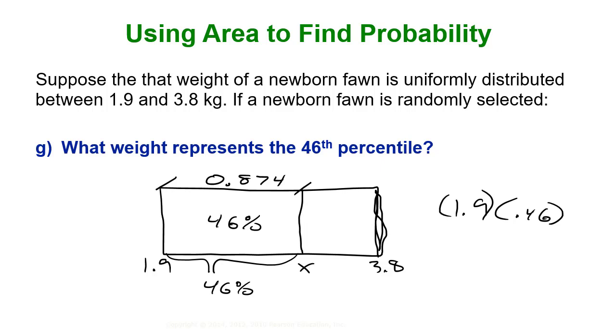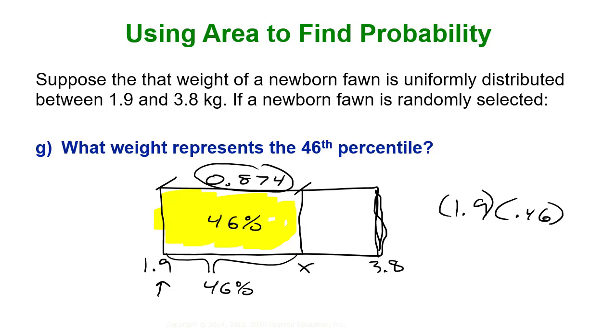Now that's not a probability, that's a distance, and the reason why it's a decimal distance is because we're just dealing with really small numbers. So the answer, this x, is just the value that is this far above the starting point. So we just take that and we add it to 1.9. Because remember, the 0.874 wasn't x, it was the distance. It was the length of the base of the rectangle that we needed to give us this area that represented 46%.